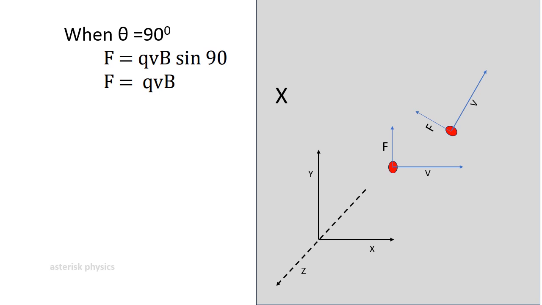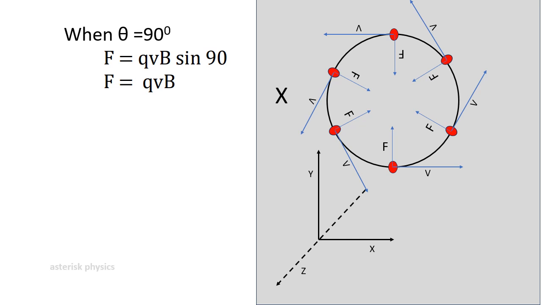Therefore, the particle again deviates from its path and reaches the third point, fourth point, fifth, sixth, etc. Now, if we collect all these points together, or if you trace out the path followed by the particle, it will be a circle. So the particle executes a circular motion.